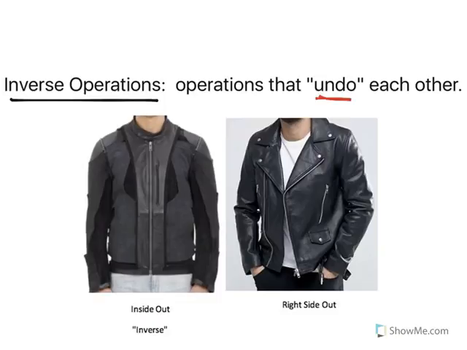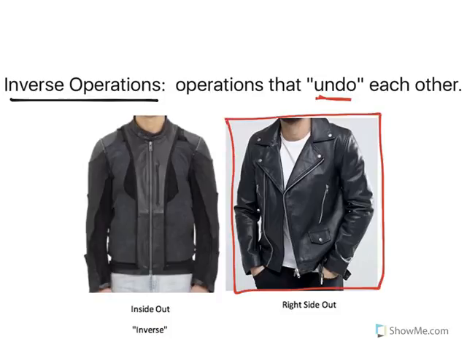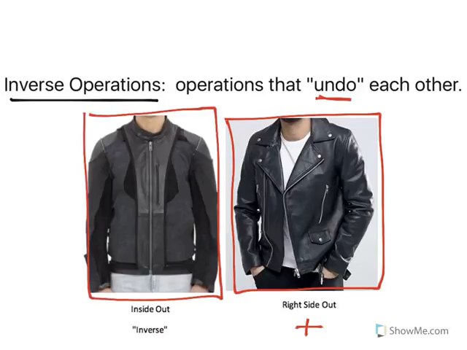What does it mean to undo something? Well, let's say this jacket here, this right side out jacket, is addition. If I wanted to undo this jacket and put it on inside out, I would do subtraction.